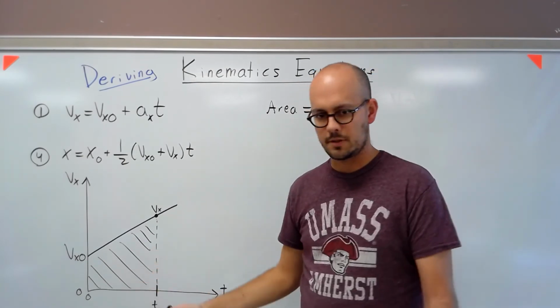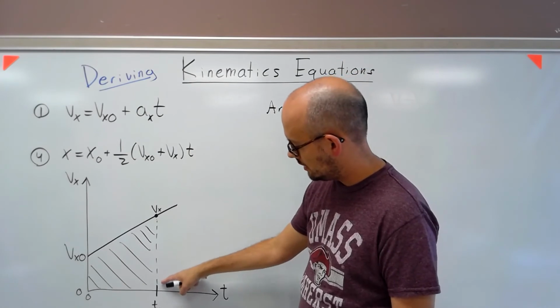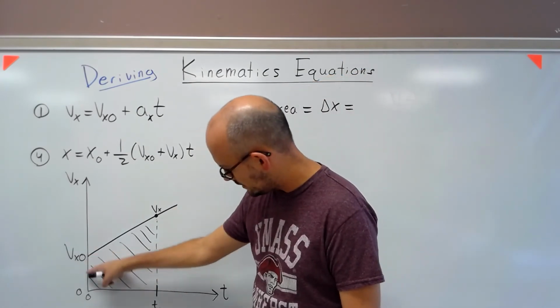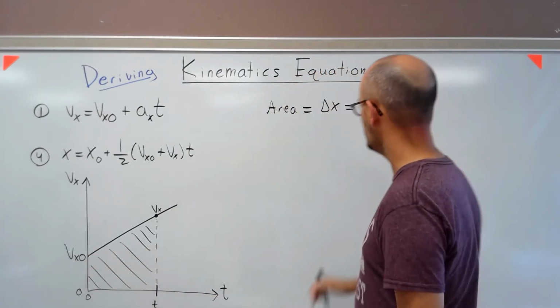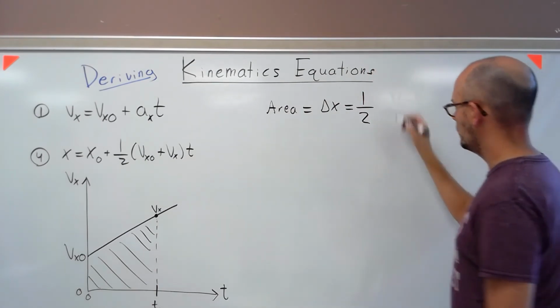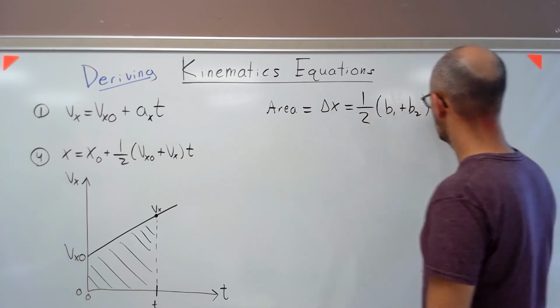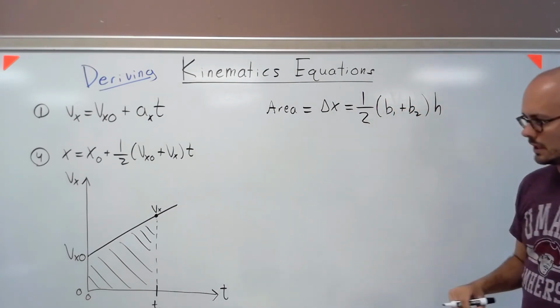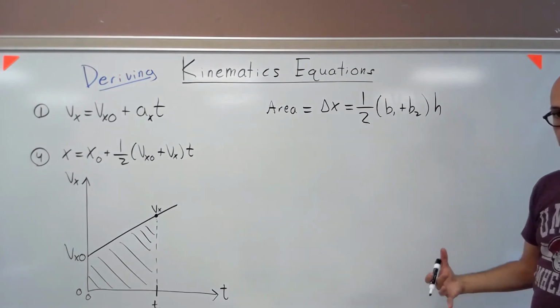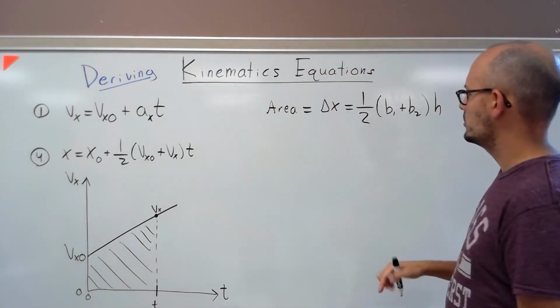Now this shape is a trapezoid. If you turn your head sideways, you see one base, here's the other base, and then here's the height. So we use the trapezoid formula, 1/2 the sum of the bases times the height. I can now substitute in the variables that I have in this graph for my trapezoid formula.